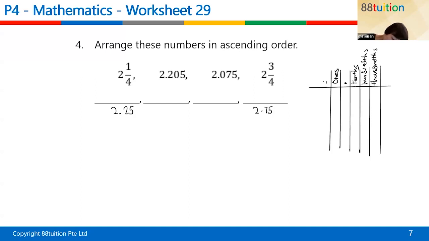And here will be ones. So I have 2.25. So I write 2.25. I have 2.205. I have 2.075.